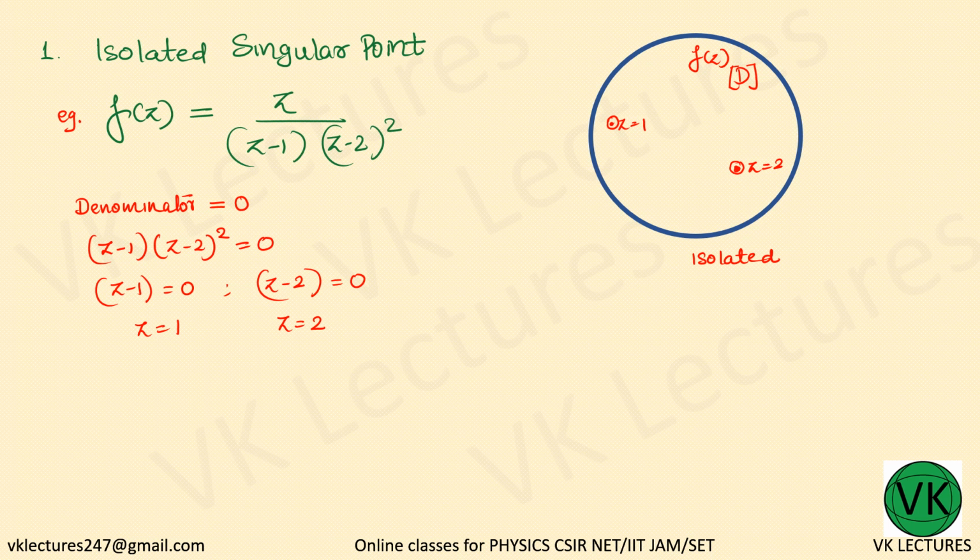So what is this isolated singular point? The definition is: a singular point which does not have many singular points in its neighborhood.